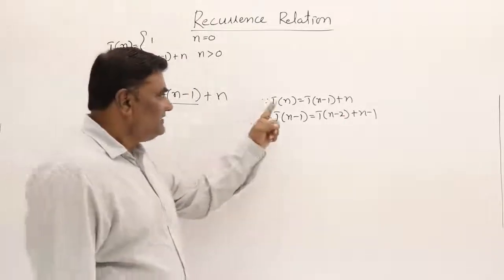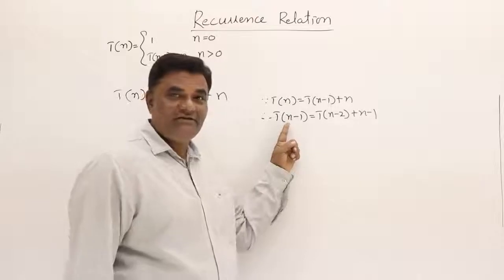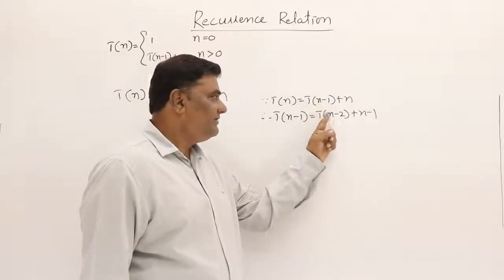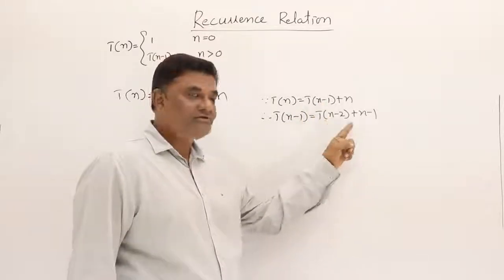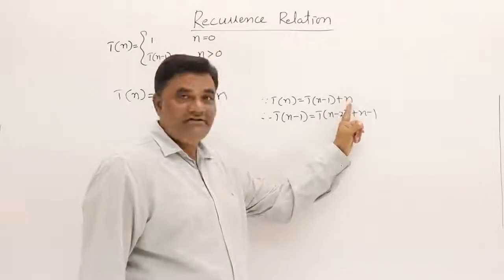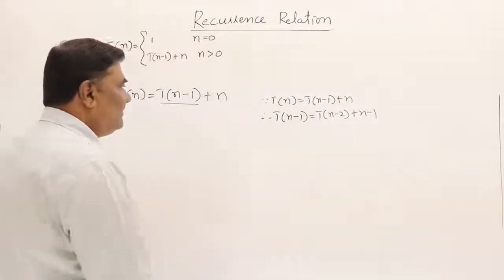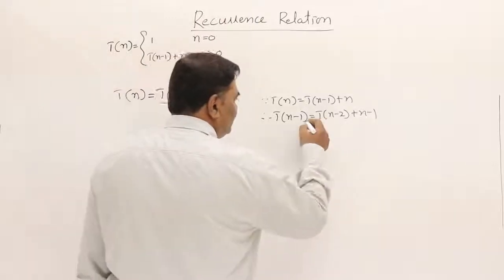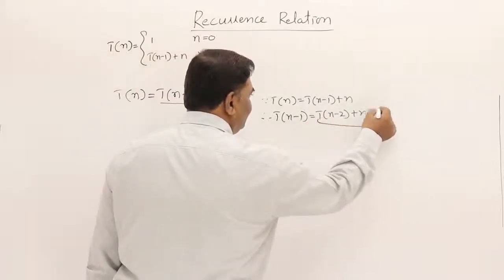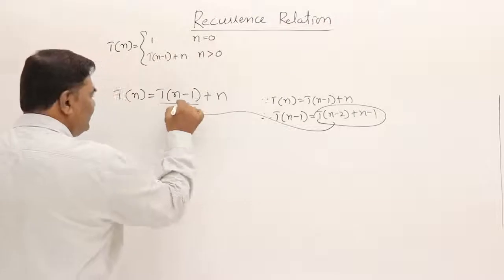Tn minus 2 plus n minus 1. Isn't it? See, in place of n, I take n minus 1. Already minus 1 is there, so n minus 2. Then plus, in place of n, n minus 1. Now I know this one. So instead of Tn minus 1, I can take this and substitute it here.